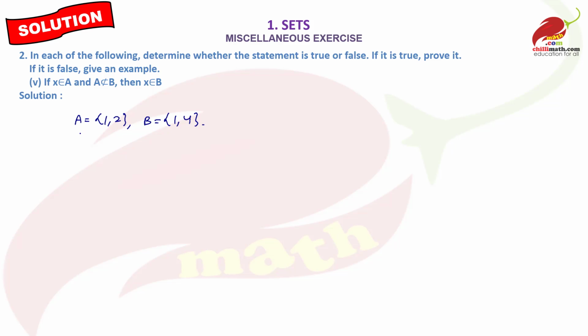Okay, so here you can see X belongs to A, so let 2 be there which belongs to A, and A is not a subset of B, but 2 does not belong to B, so it is false.